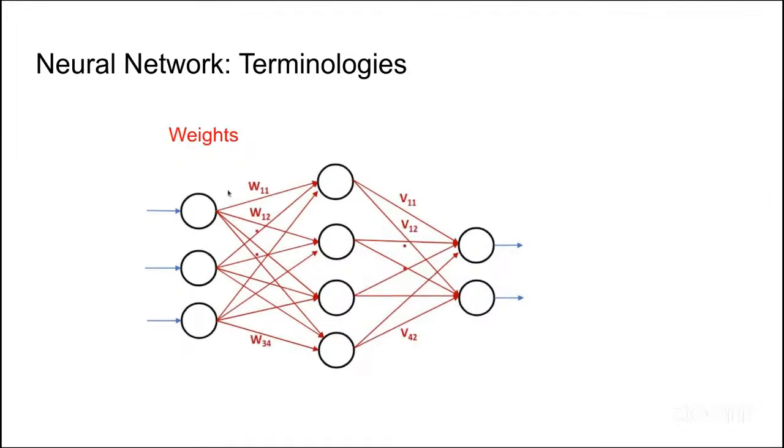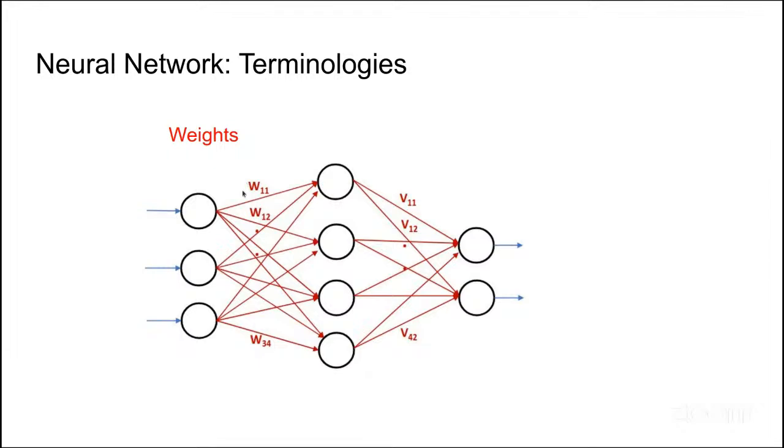Now, each node is not just connected, but they are also connected with some weight in the system. For example, this node is connected to this node with some weight. If the weight is 0, that means that this node is not connected with this node, right? Because when this node tries to pass the value to this node, say this node has value some x.